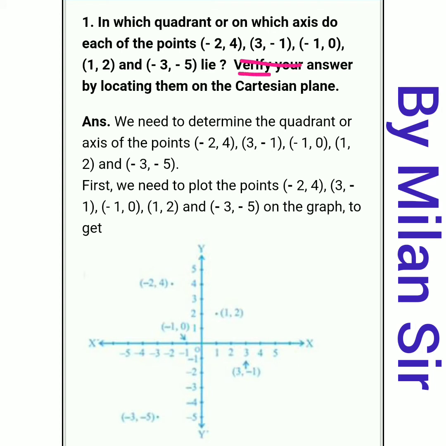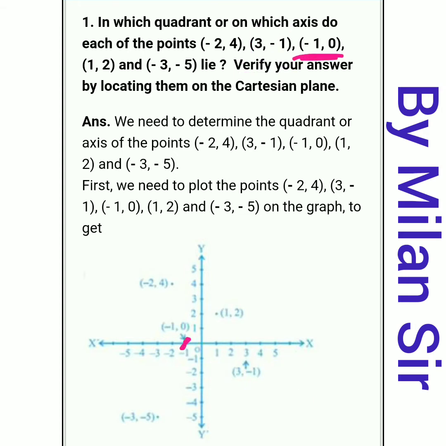Then we have (3, -1). First of all locate 3 on the x-axis and -1 on the y-axis. Now if we draw the vertical and horizontal lines, these two lines intersect at the point (3, -1). This is the fourth quadrant, so this point lies in the fourth quadrant. Then (-1, 0).